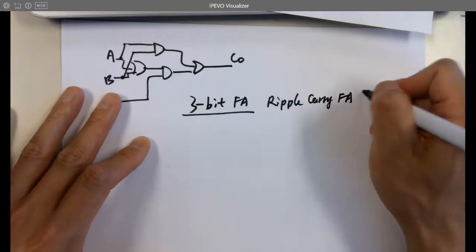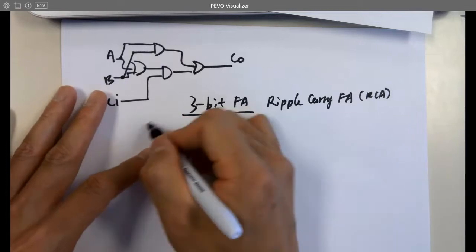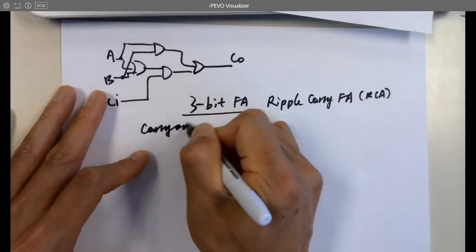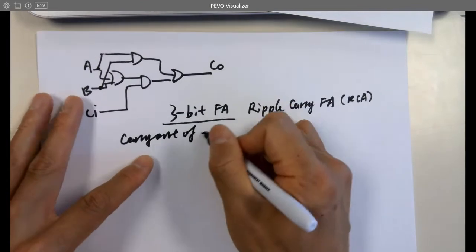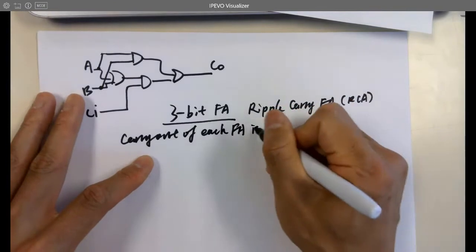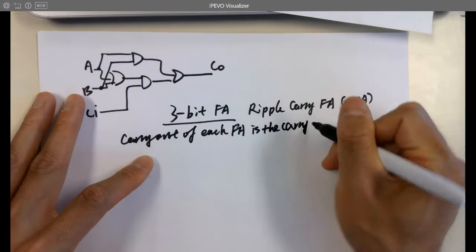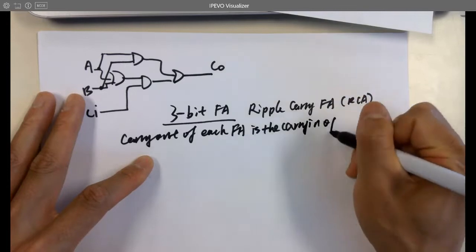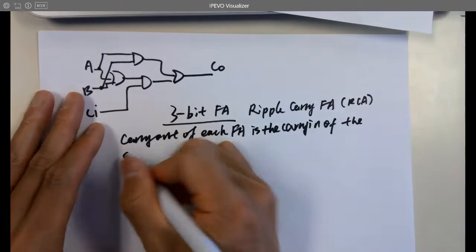Because the carry out of each FA is the carry in of the succeeding one.